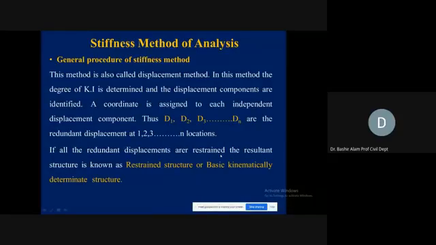How was it done? We removed the redundant actions, and the structure was known as the basic determinate structure or primary structure. Now, how are we going to make this structure kinematically determinate? We will make it kinematically determinate by locking it, by not allowing the displacement. So how can we do it? We need to restrain it.